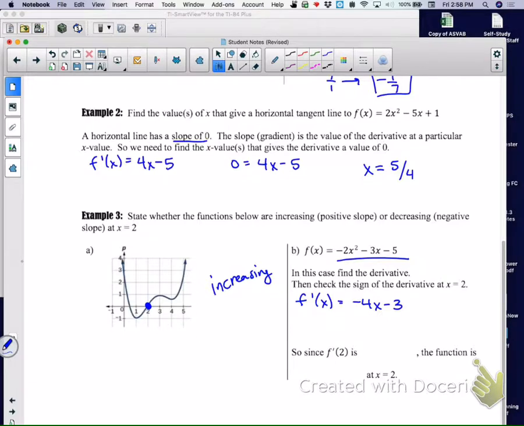Plug positive 2 in, sorry. That's going to give me negative 11. So since f prime of 2 is negative, the function would be decreasing. Okay, now why is that? Again, the derivative has to do with the slope. So if my derivative is negative, that means it's a negative slope. And negative slope means decreasing.